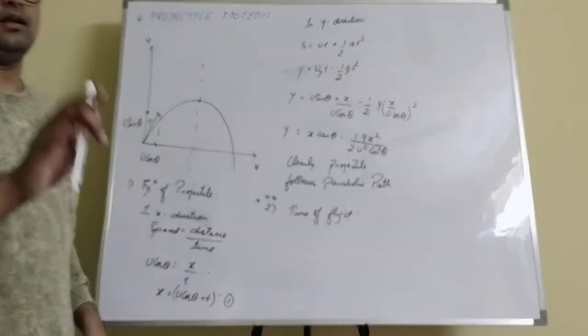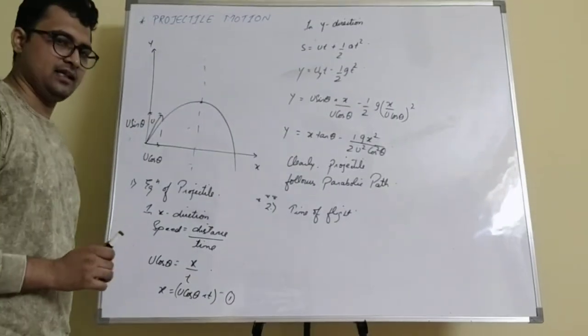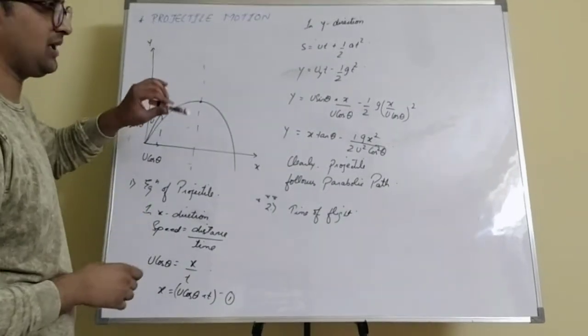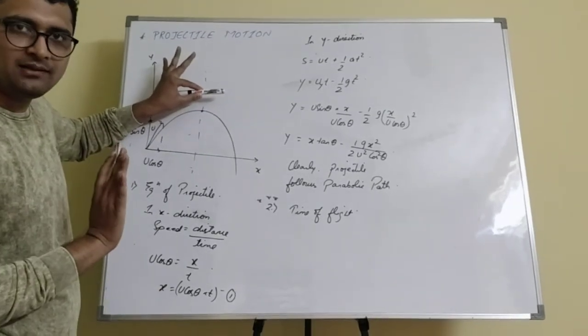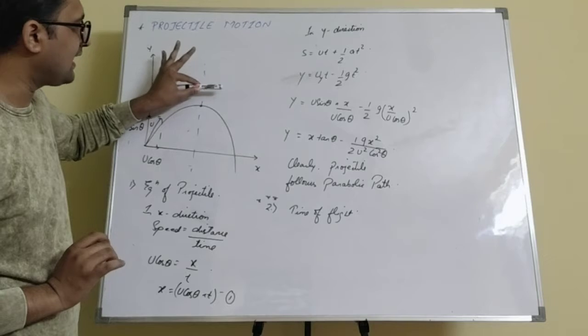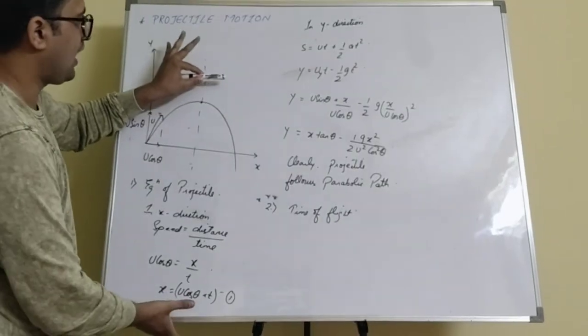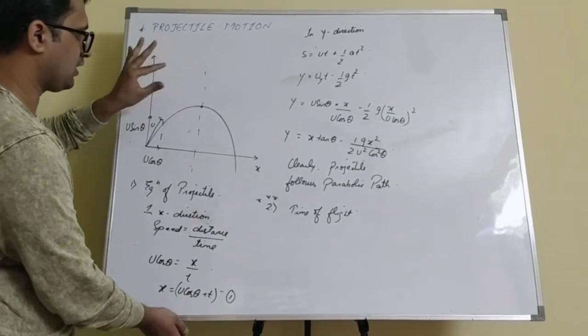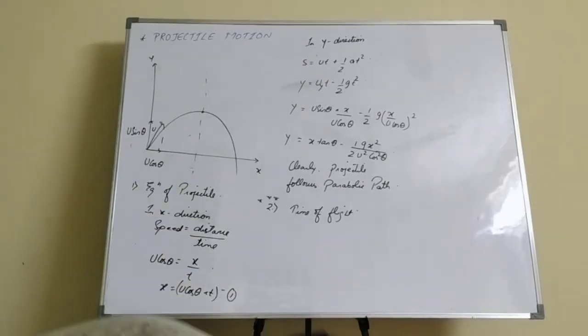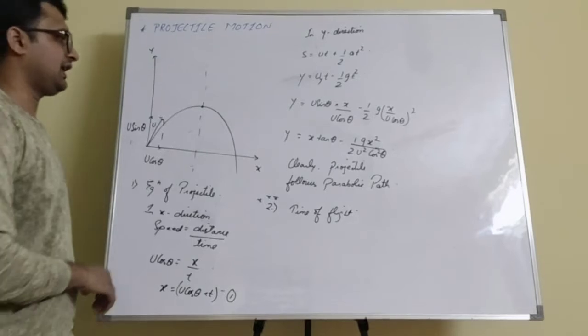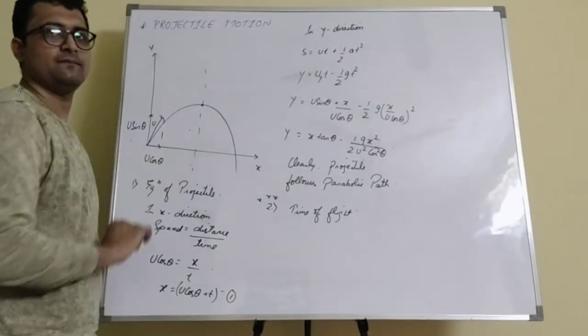For example, you are saying that velocity at maximum height is 0. So this is maximum height, my projectile is at maximum height. According to you, velocity at this height is 0, and if it's 0, then it should fall like this. Are you getting it? But the projectile moves on further.